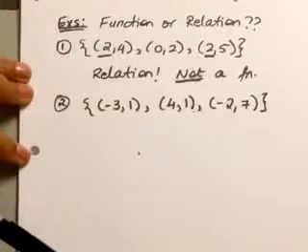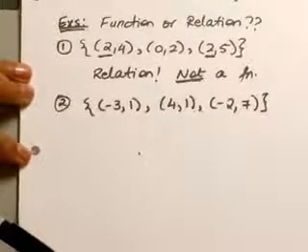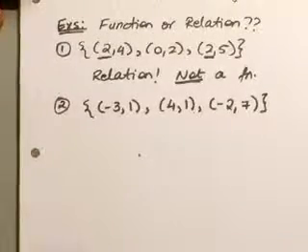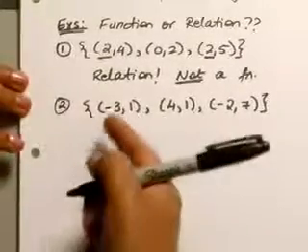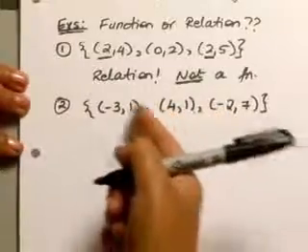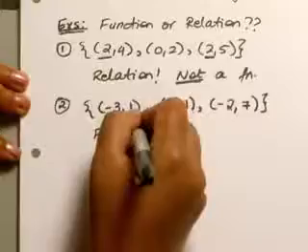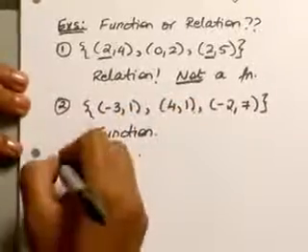You're trying to see if for the same value of x, you have two different values of y. If that is true, then you cannot classify that as a function. If for every value of x you have only one value of y, then this is a function, and you can see you don't have a repeating x value in this, so we can classify this set here as a function.